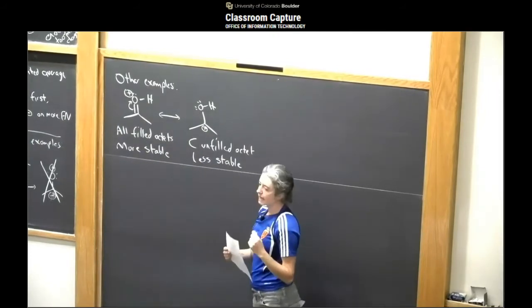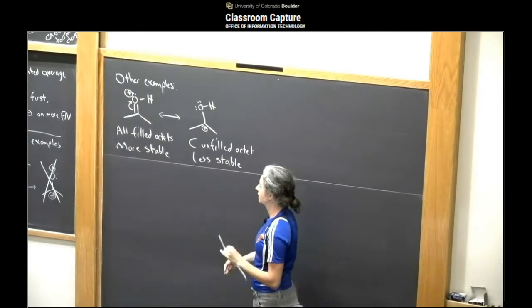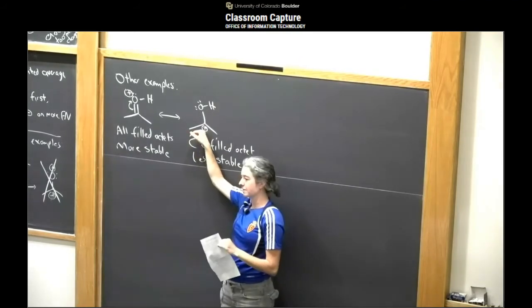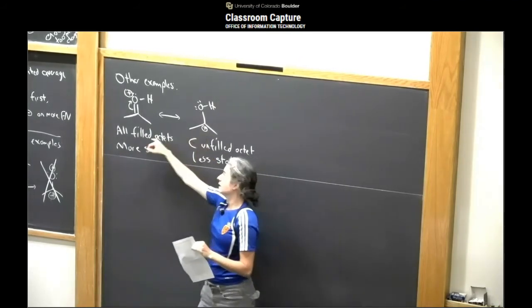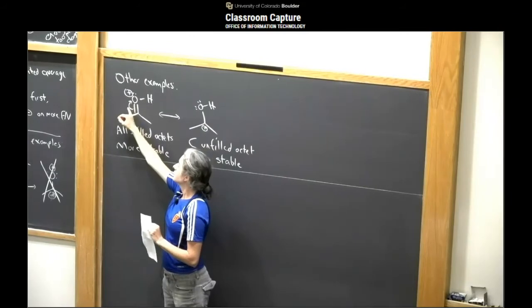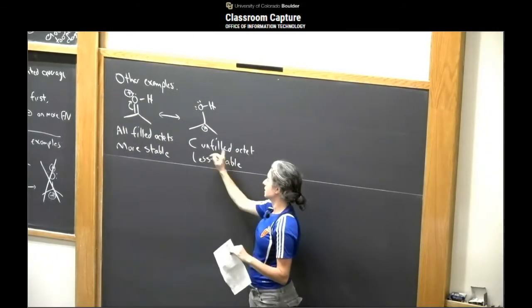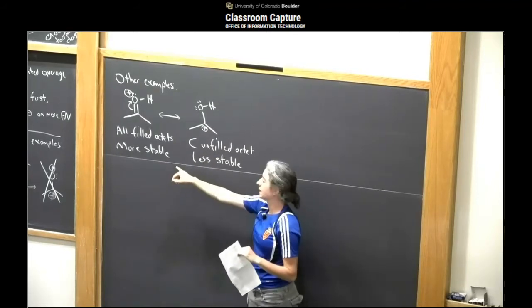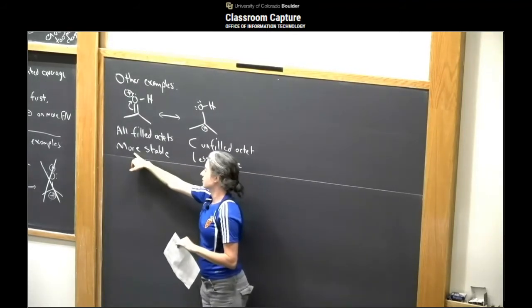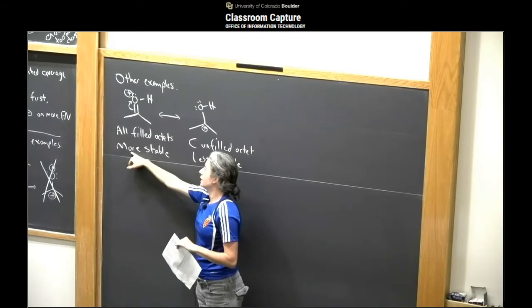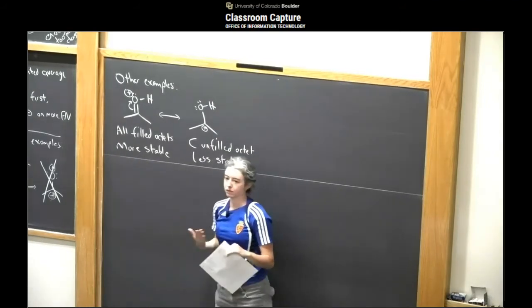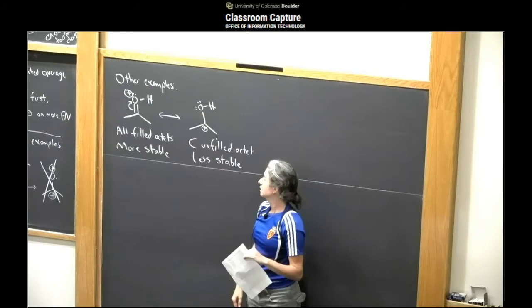This might be slightly counterbalanced by the fact that here you have a plus charge on carbon, which is less electronegative. Here it's on oxygen, which is more electronegative. So it might not be as cut and dried as you would initially expect based on unfilled octet. It's got some mitigating circumstances. So this is more stable, but not by quite as much as it would be if you didn't have electronegativity on your side for this one.